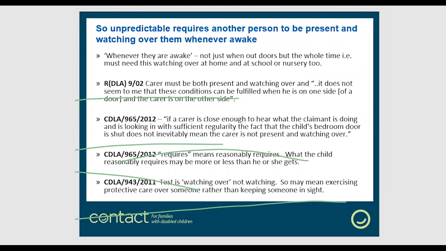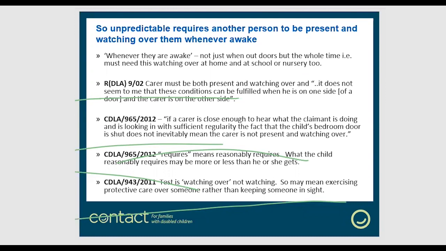Some children in an ideal world may receive a higher level of care or watching over than they're actually receiving, because the parent might have other children in the house to look after. While they would like to be there with their child watching over them in the room, they may have other demands on their time that make that not possible. So as long as they can argue that the child reasonably requires that level of care, that might be sufficient to meet the test.